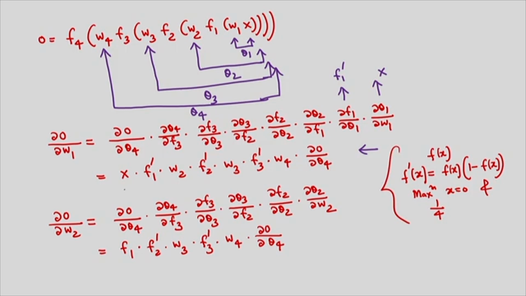If you see this expression, we are multiplying all the derivatives of the activation functions, that is f1 dash into f2 dash. These are mainly the derivatives of the sigmoid activation function. In case of the artificial neural networks or the deep networks, during training we consider backpropagation, and for this we randomly initialize weights of the network.